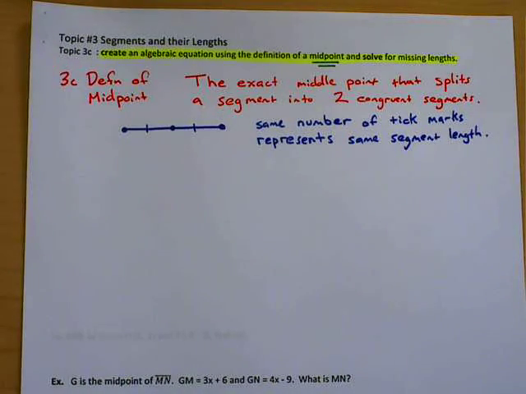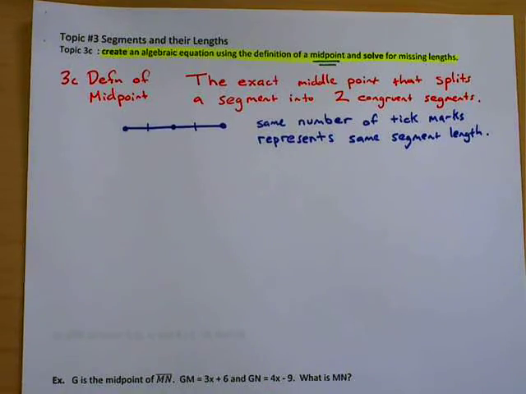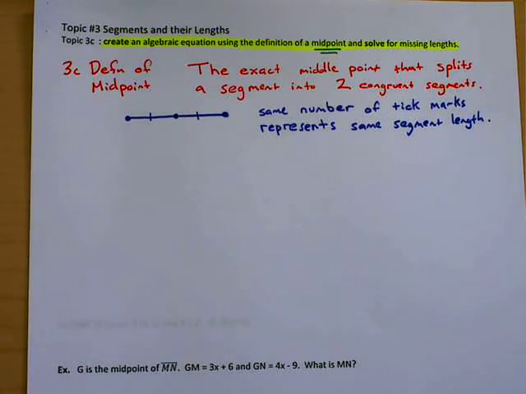So with respect to that, let's go ahead and go down and do this example I have listed down here. That's the definition of midpoint, the exact middle point that splits the segment into two congruent segments. So when we have something like this, we're being told that G is a midpoint.